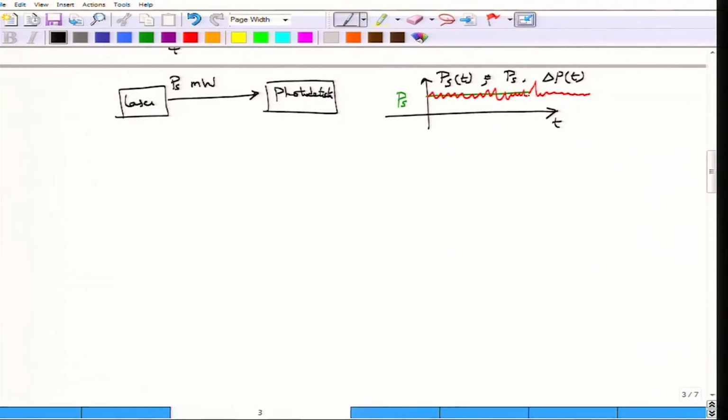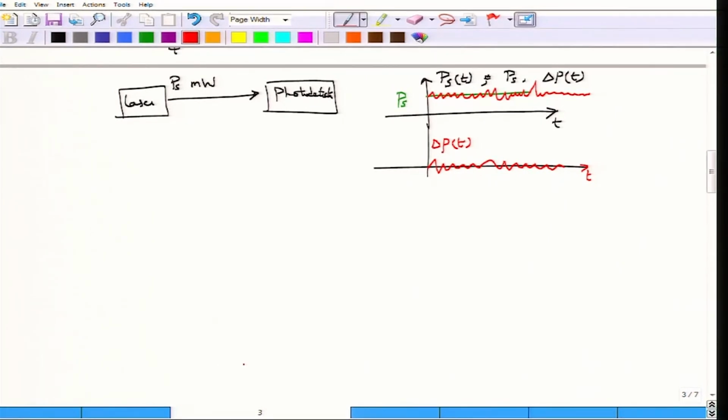The fluctuations are obtained by subtracting this green line from the red line. When you subtract the green line from the red line, the result has 0 average value. So, this is the fluctuation Δp(t) that you would see as a function of time.